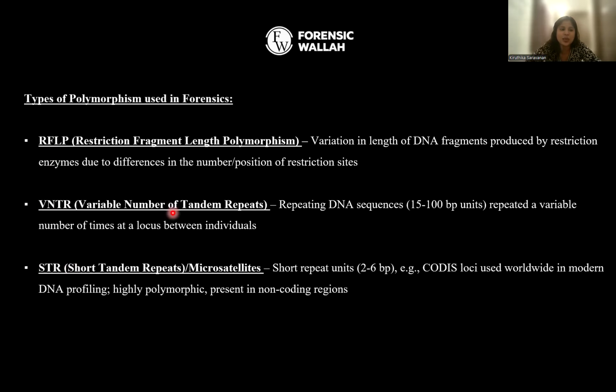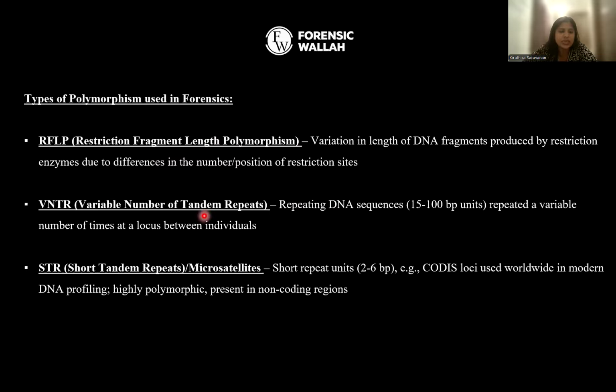You have a DNA sequence. By using restriction enzymes, we cut the DNA sequences, and those fragments are then analyzed by using the PCR technique, or they can be separated by gel electrophoresis also. So that is about RFLP.